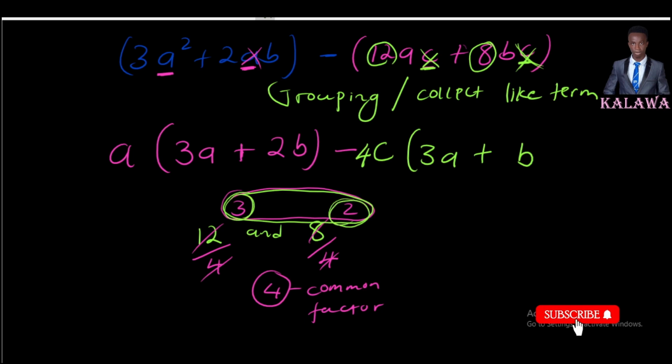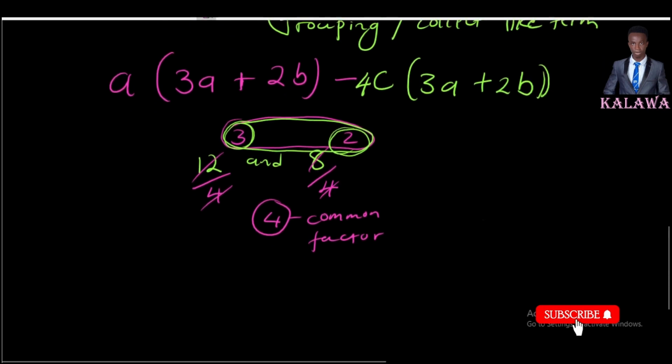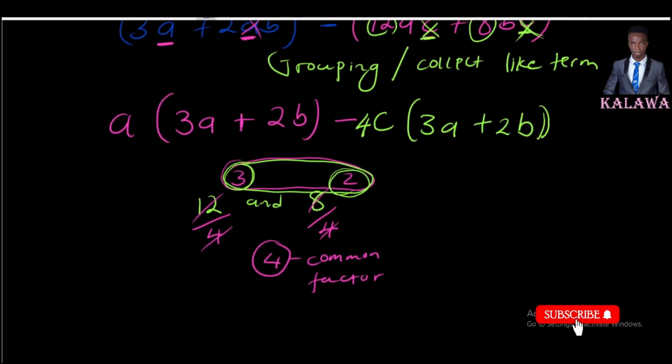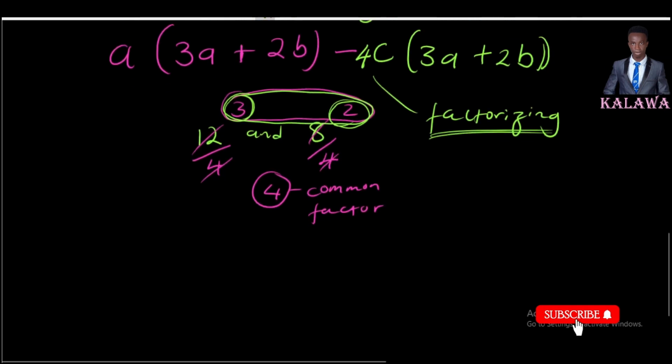So this is supposed to be 2b, to be closed. This is what we call the second step, the factorizing step.